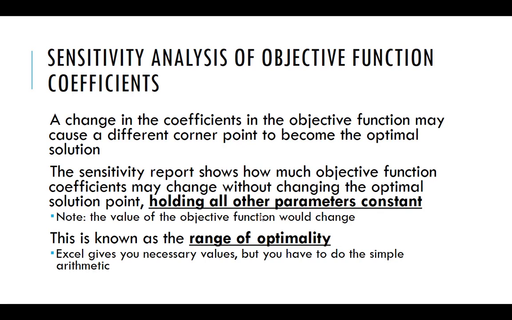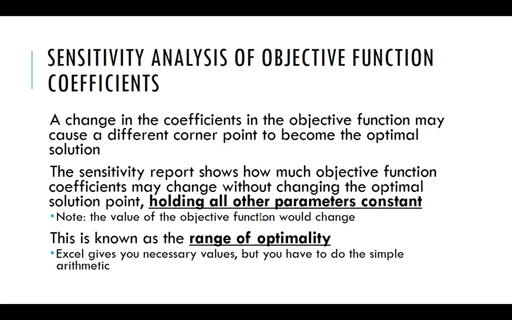Right now, it's the corner point where, as we saw in the picture from the last video, the plastic and the labor intersect. Our sensitivity report shows us how much the objective function coefficients may change without changing the optimal solution point, which was 480, 240: 480 space rays, 240 phasors, holding all other parameters constant.